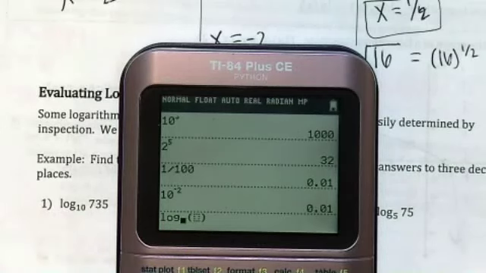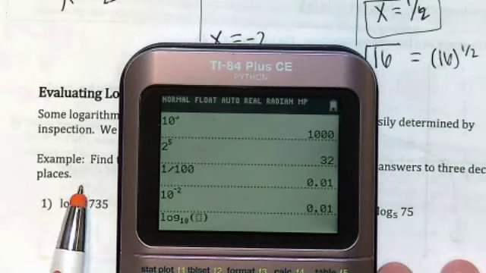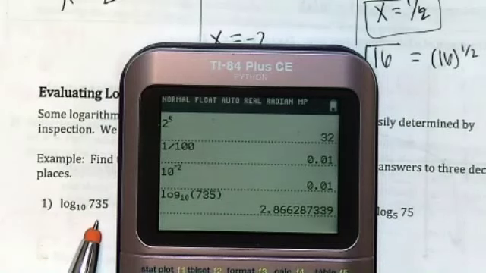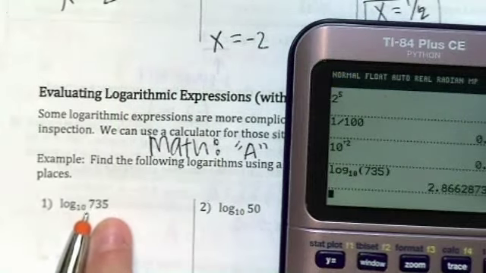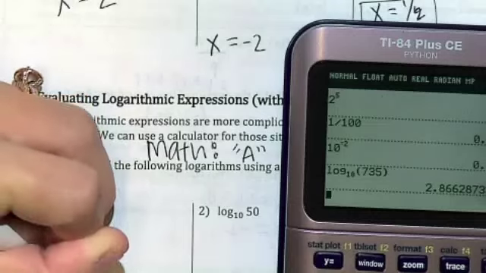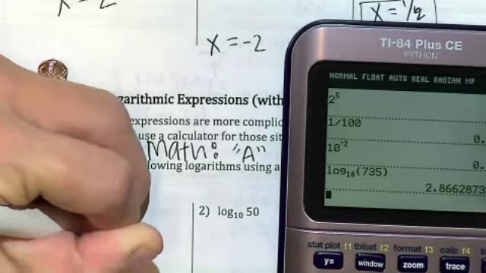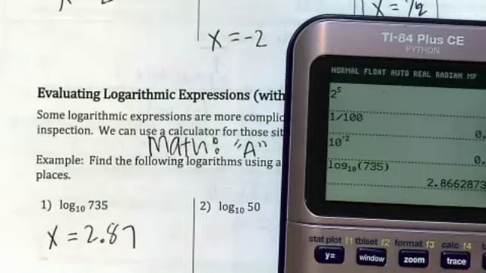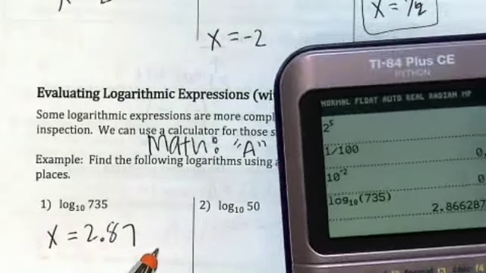So I'm going to put log 10 of 735 in my calculator. And basically this says 10 to the what gives me 735. And that would be about 2.87.